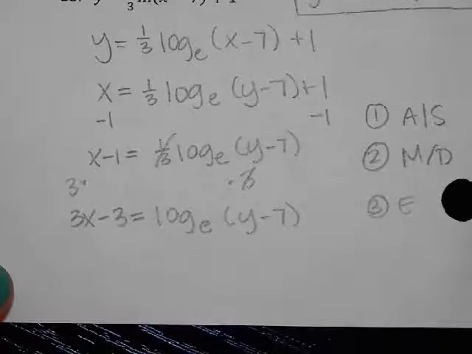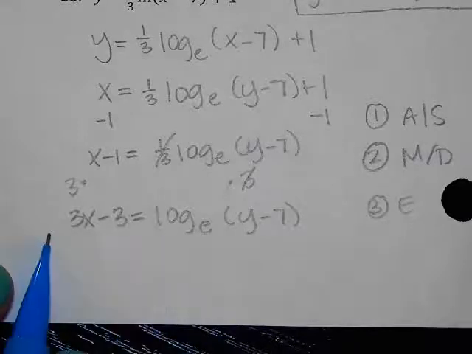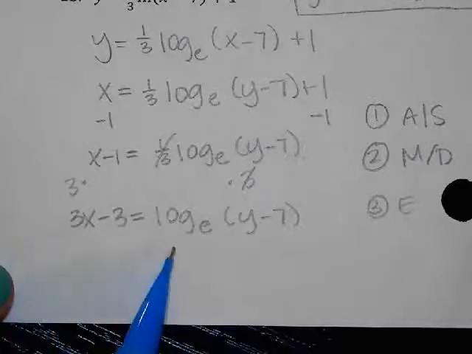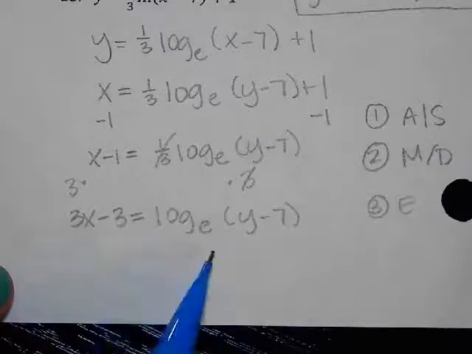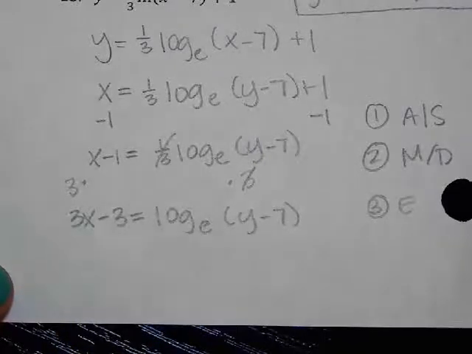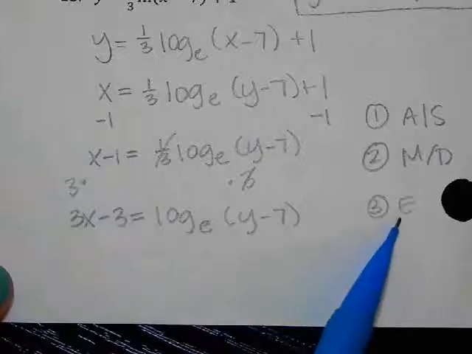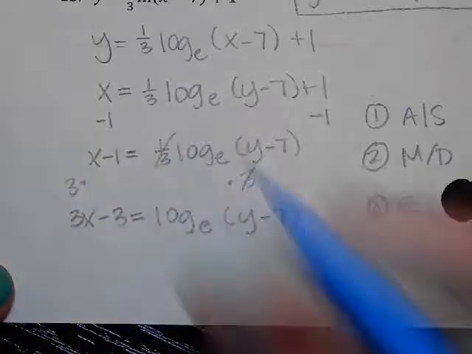What am I going to do? Wait, do I put a log e over here? I put a base of e. What do I do with the base of e? Yeah, so I'm going to put an e on each side. I'm turning it into an exponential problem. That's why this is the exponential step, right? I'm turning this into the exponential form.